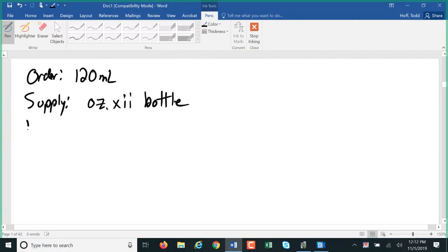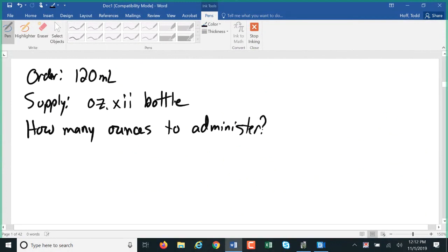I want to know how many ounces, how many fluid ounces to administer. What does this mean? OZ XII bottle.